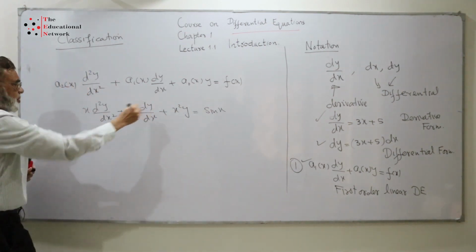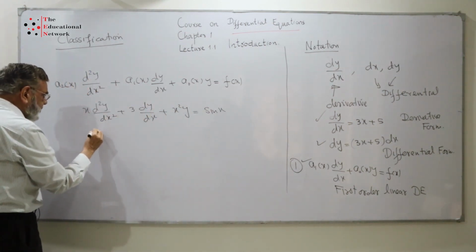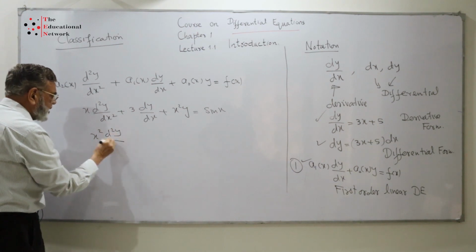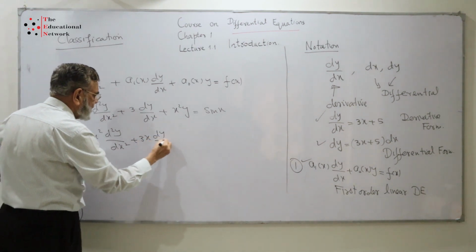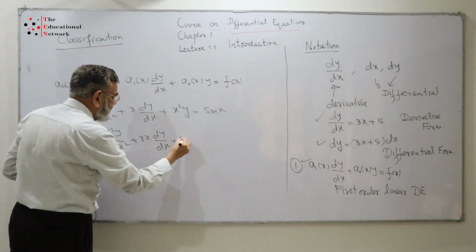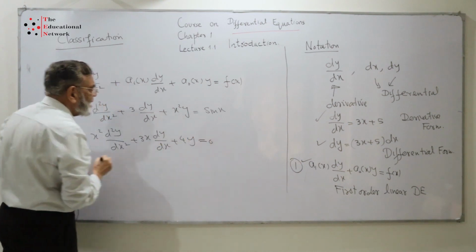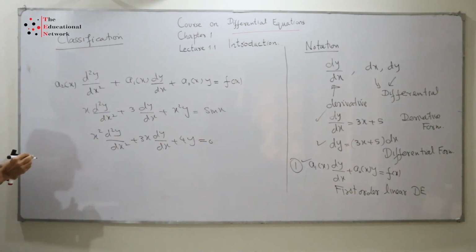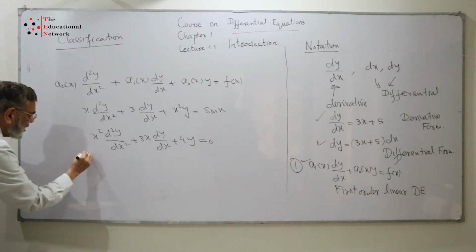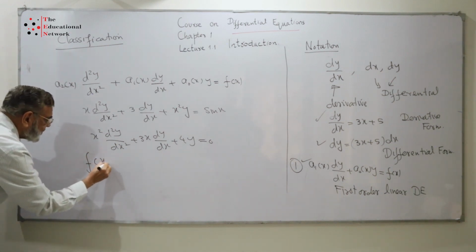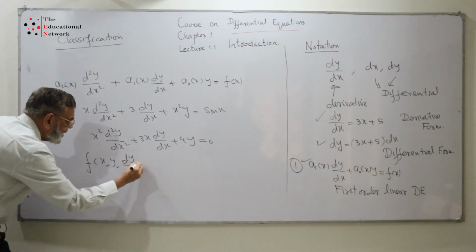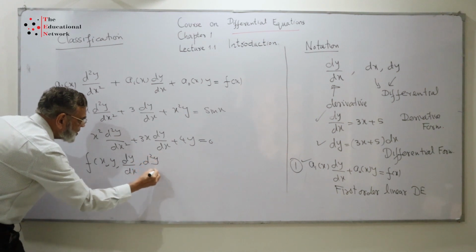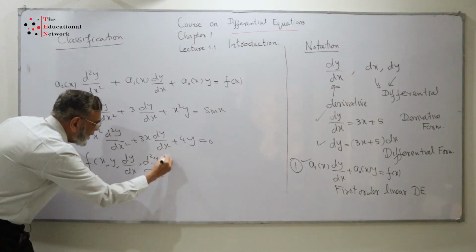If I write x square d2y by dx square plus 3x dy by dx plus 4y equal to 0, this is a second order differential equation in homogeneous form. If I want to write a general relationship, as I wrote before, this is a functional relationship between x, y, dy by dx and d2y by dx square equal to 0.